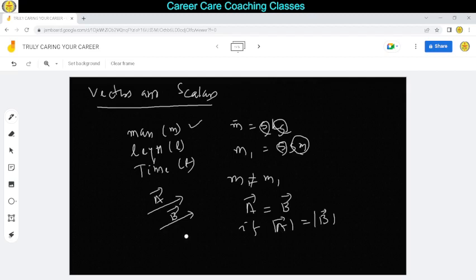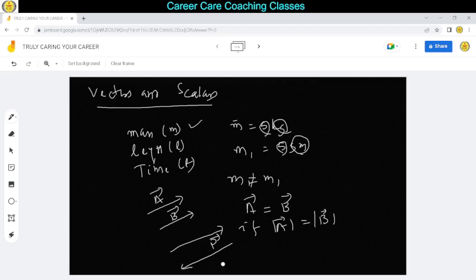Similarly, negative vector. Suppose this is a vector P. So what is the negative vector of P? The negative vector of P can be drawn like this.